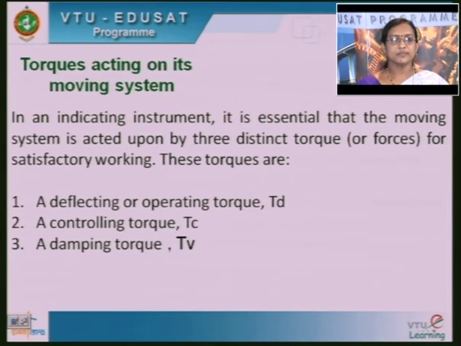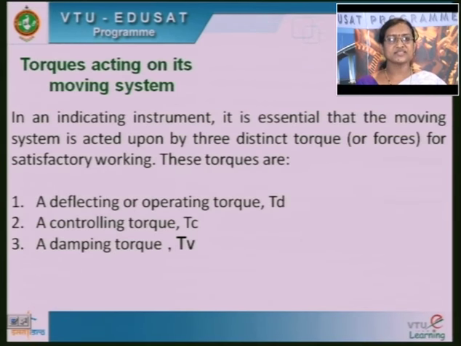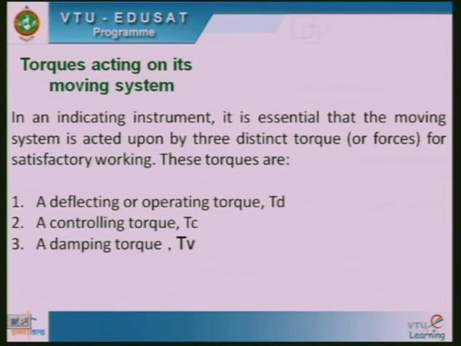Next, that is the basic classification you have seen. Next, let us see how exactly the instrument works. Mainly the torques have to be considered. I already told you when explaining the DC machine that torque is a twisting moment. That is, due to the application of force, you get this torque, when you apply the force tangentially.